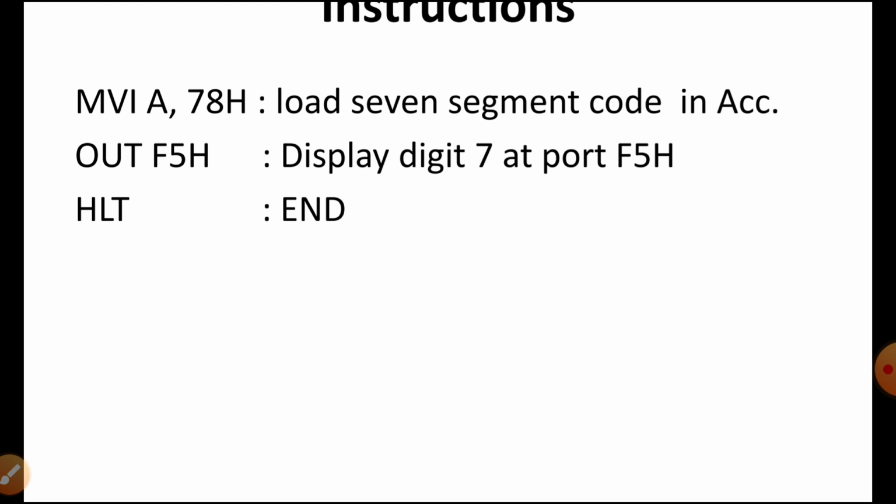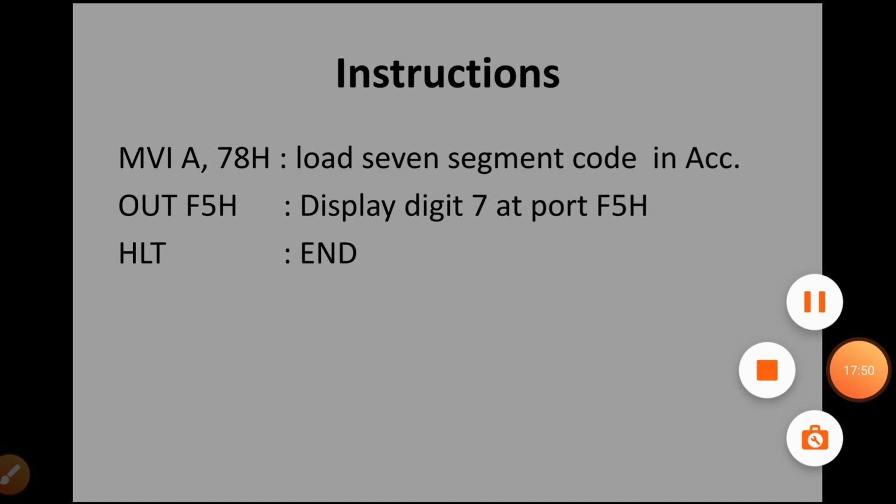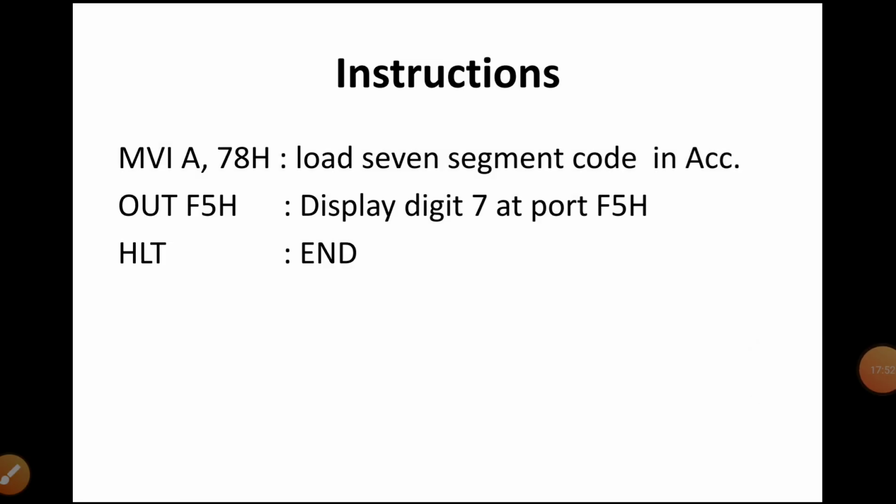Then we display this value of the accumulator, which is 78, which is equivalent to displaying the digit 7. We are going to transfer this accumulator value into the port whose address is defined as F5, which is actually a 7 segment LED display, and then we are going to halt. So in this way, this interfacing circuit of the LED can be done. Thank you.